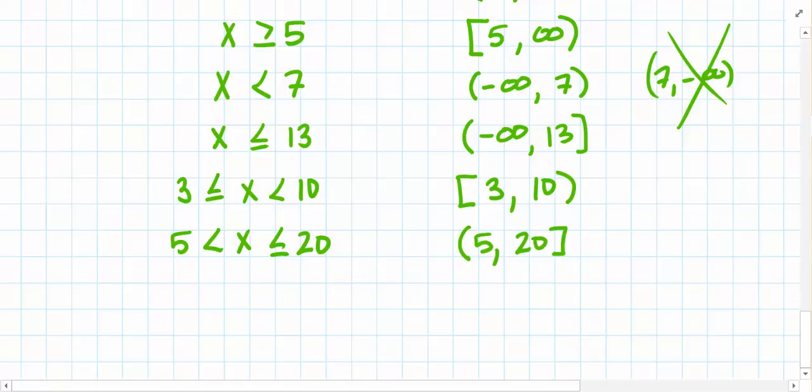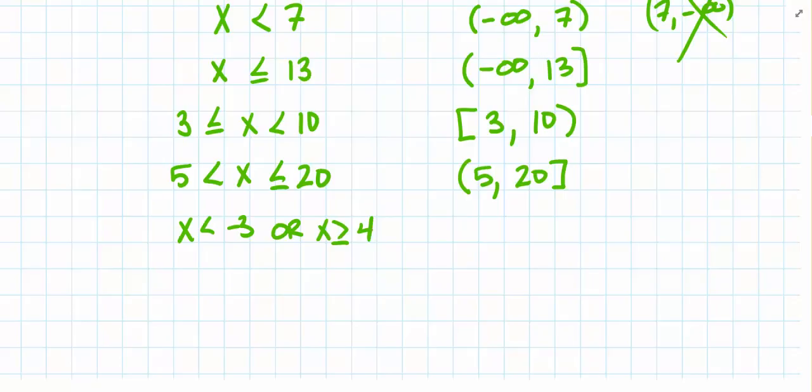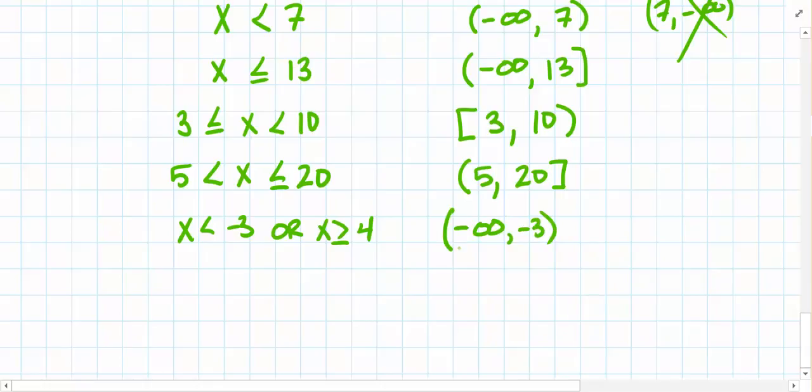What if I have x is less than negative 3, or x is greater than or equal to 4? How would I write this in interval notation? Well, I would start with the one on the left. The one on the left says I go from negative infinity all the way up to negative 3, and I use parentheses, and then I just put the word or between them, and then I would say from 4 out to positive infinity with parentheses.